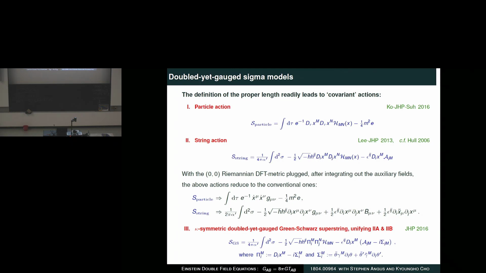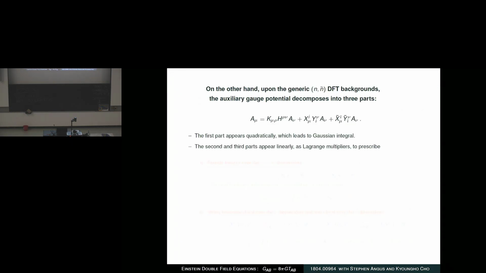So what about generic (n, m-bar) backgrounds? We are going to plug a generic (n, m-bar) background into this sigma model. Then it's useful to note that the auxiliary gauge potential decomposes into three pieces using the completeness relation of the K, H, projectors, and X, Y, X-bar, Y-bar. The first one appears in the Lagrangian quadratically, which leads to a Gaussian integral, as in the Riemannian case.